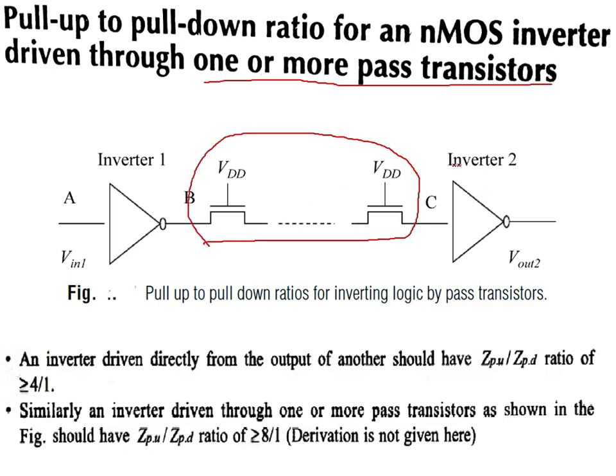So now this inverter is driven by one or more pass transistors. Then what is the minimum required pull up to pull down ratio? That you have to derive. For this, refer to the textbook. The minimum required pull up to pull down ratio is 8:1.